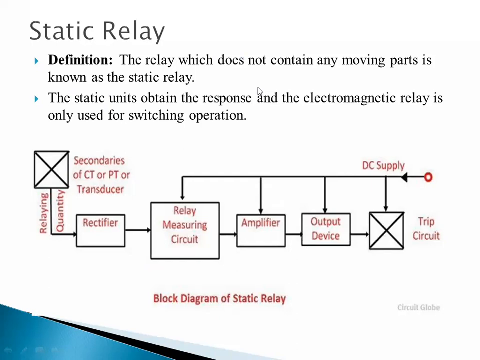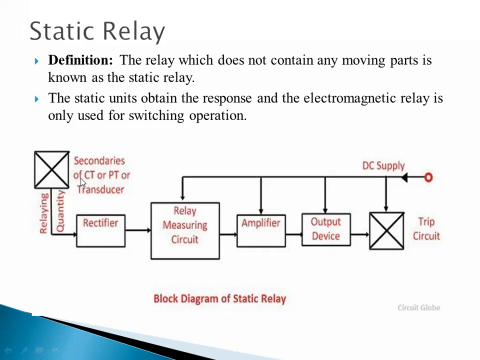Here you can see the input of the transmission line output is given to the secondaries of CT or PT or transducer. So here we are using these CTs or PTs for lowering the current and the voltages, and transducer is used to convert any physical quantity into the electrical quantity, right?